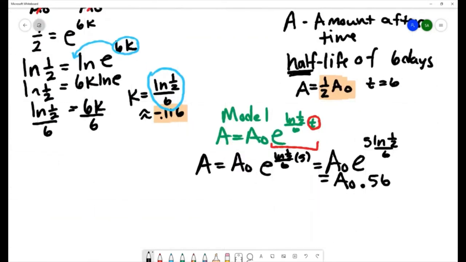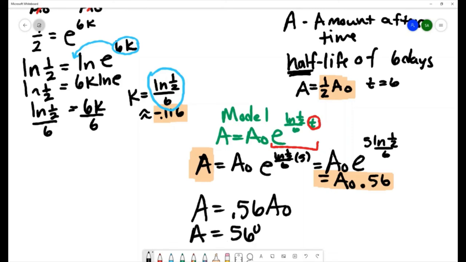I know I've got a long chain here, but on the left I've got this A, and on the right I have 0.56 times A naught. A equals 0.56 A naught. That's A equals 56% of A naught.